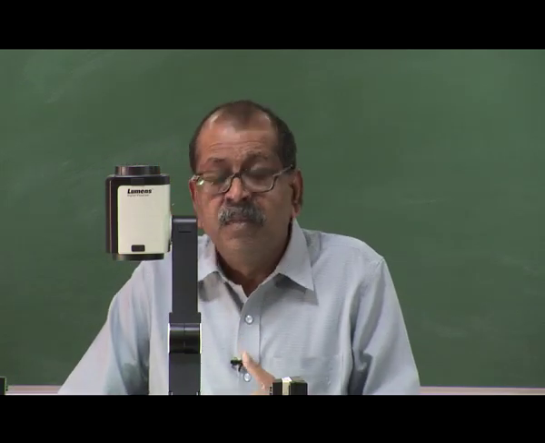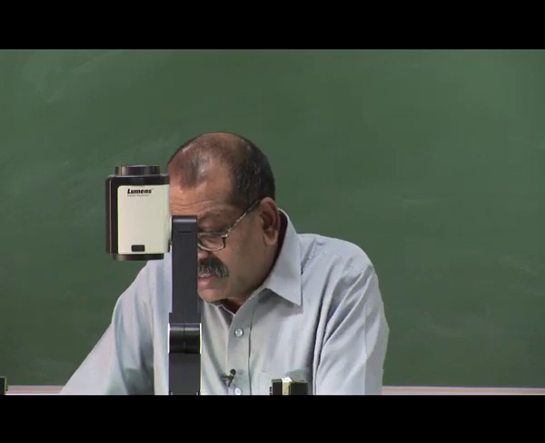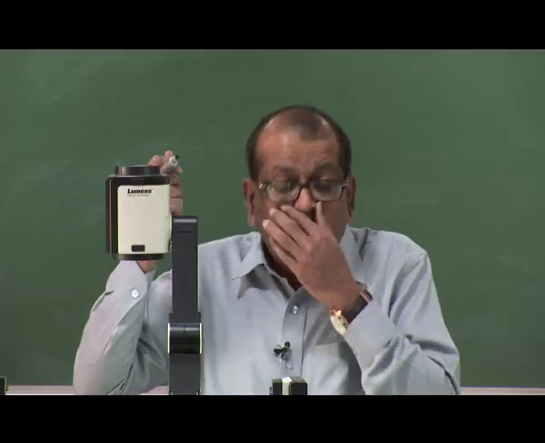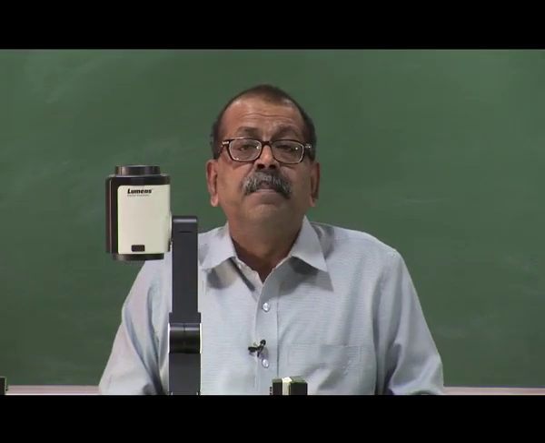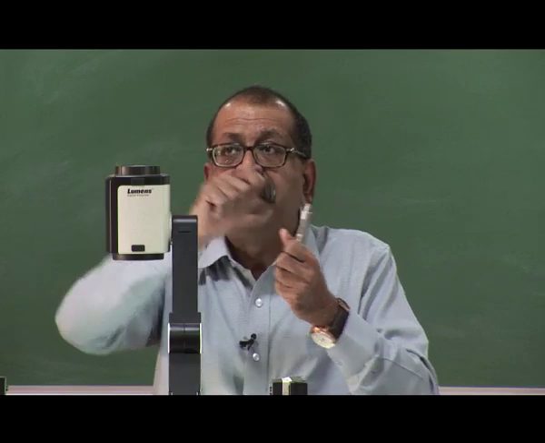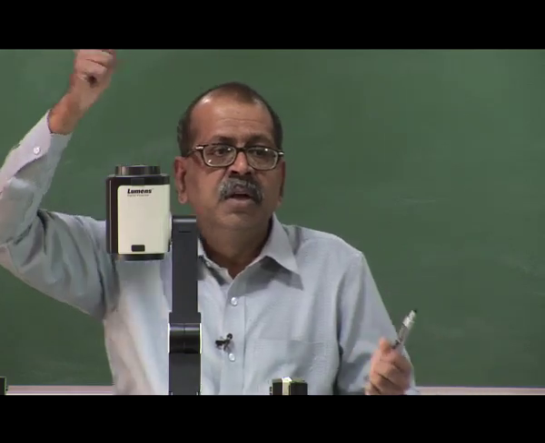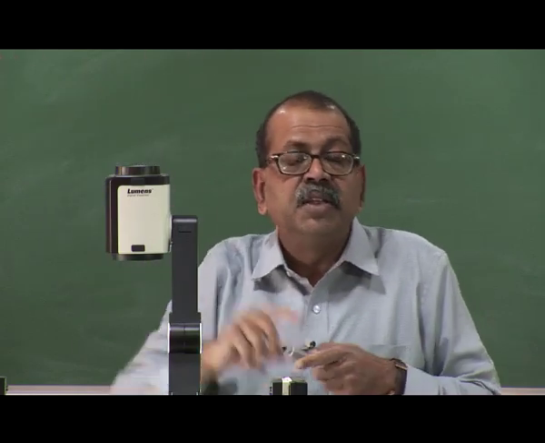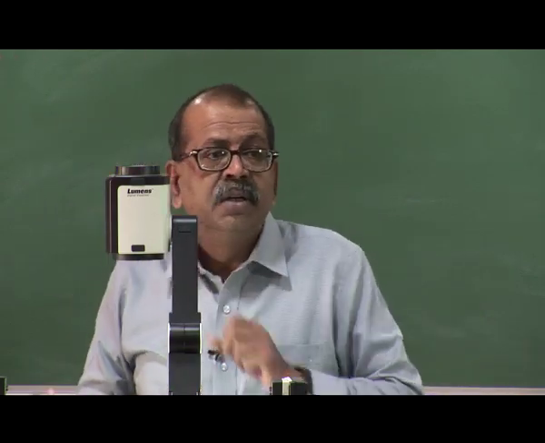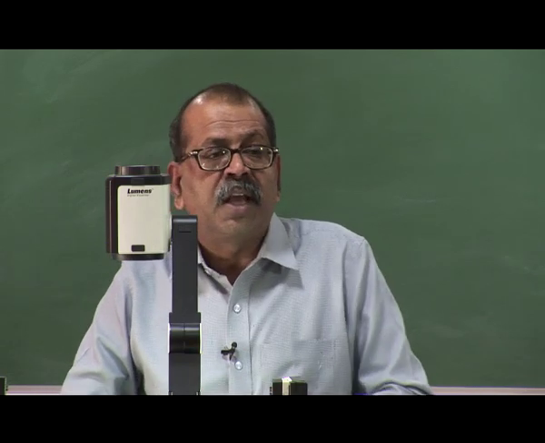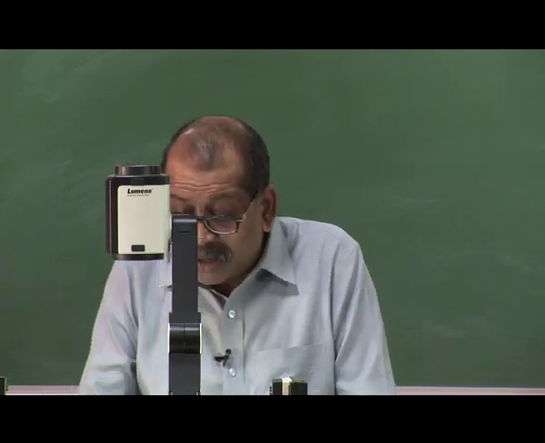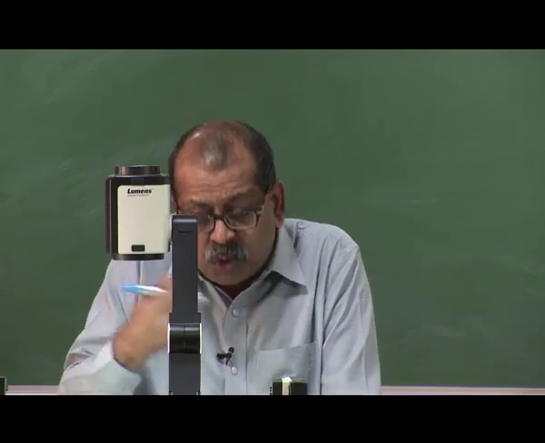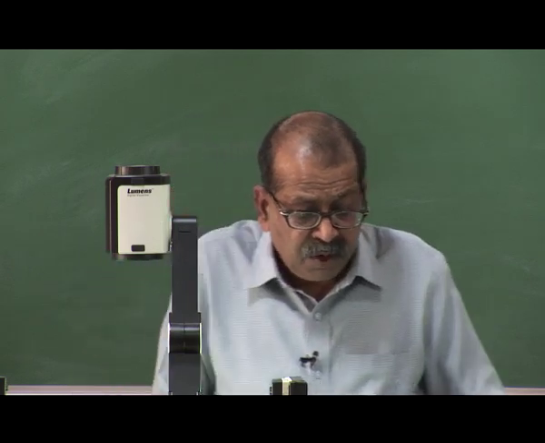In the normal direction, it will either come through something which is contacting the particle. For example, if I take a stone, tie it to a string and rotate the string so that the stone moves in a circle, then the tension in the string will provide this force which will cause this acceleration. Sometimes it is friction force which will do that, as we will see. So, this force has to be applied on the particle, it has to come from outside the particle.